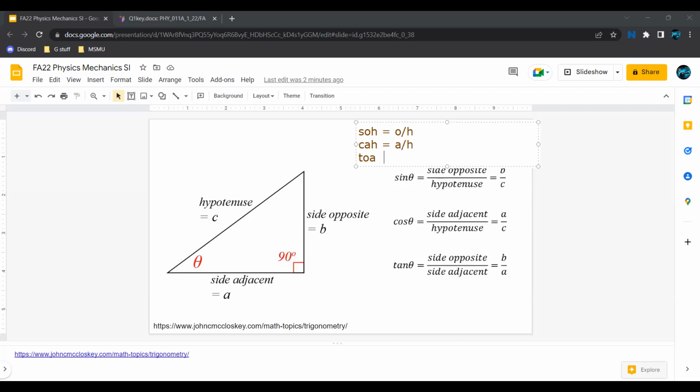And TOA is equal to opposite over adjacent. This one is equal to sine, cosine, tangent, or tan.